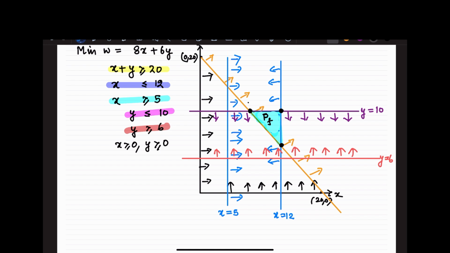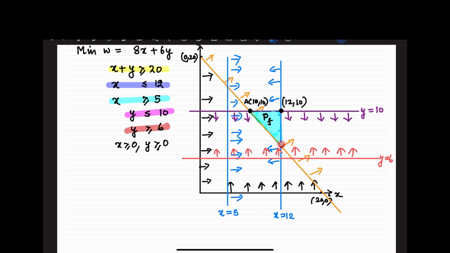So the corners are (10, 10). So this is corner A. This is (10, 10). How? Because you see where this line y equals 10 meets the yellow line. So put y equals 10, so x is 10. This corner is this line y equal to 10 meeting x equal to 12. So the coordinate is (12, 10).